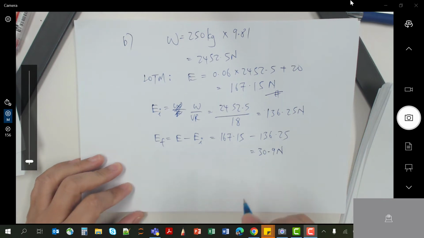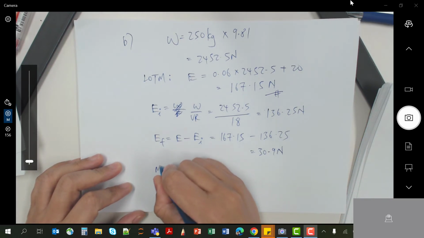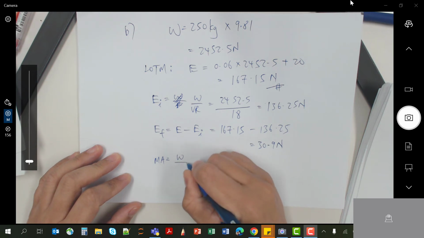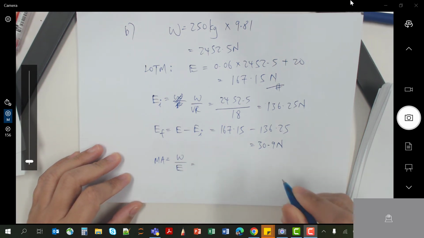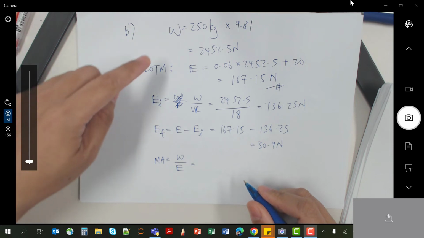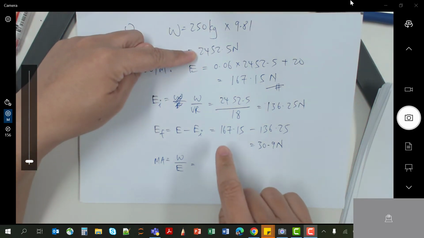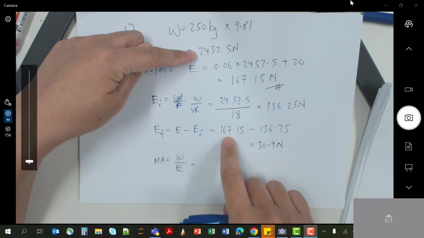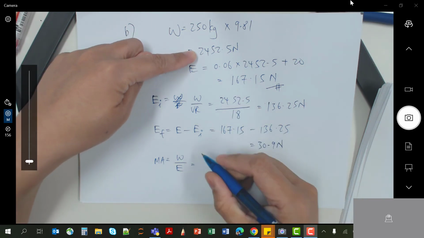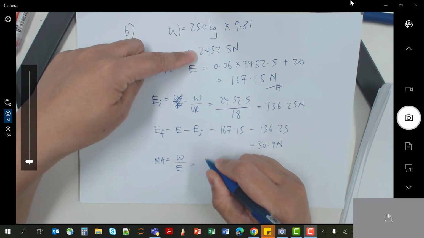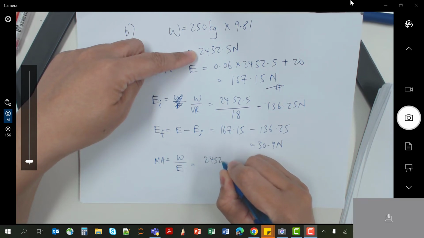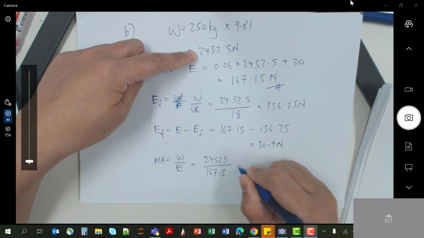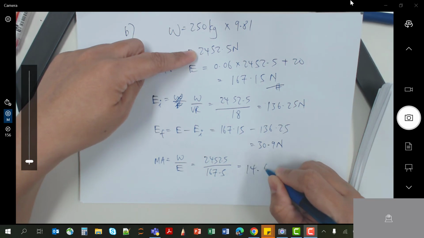And with this, we can find our MA. Okay, W over E. Okay, W over E. So this will give you 14.67.